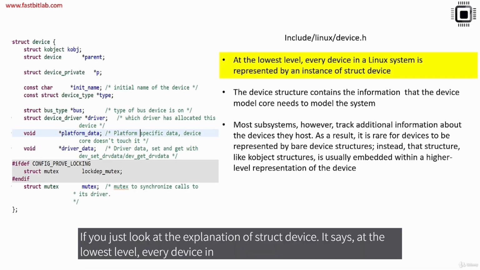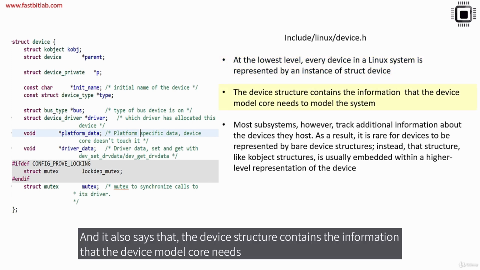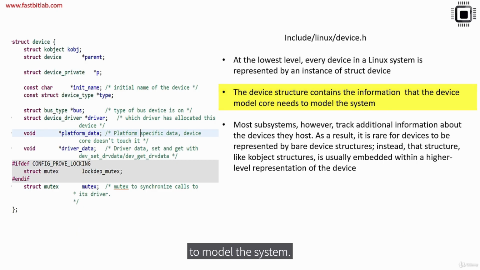If you look at the explanation of struct device, it says, at the lowest level, every device in a Linux system is represented by an instance of struct device, and that the device structure contains the information that the device model core needs to model the system.